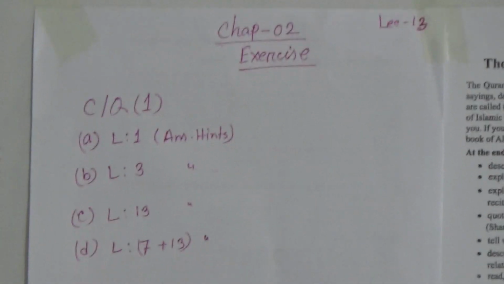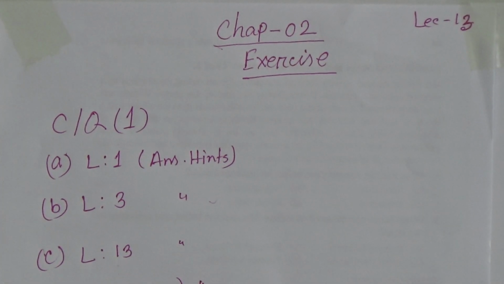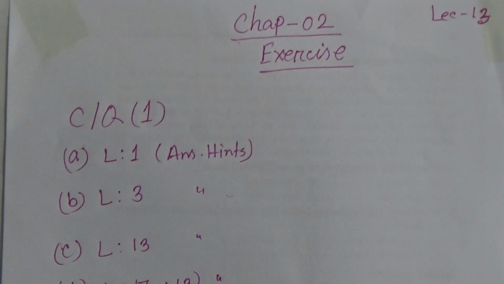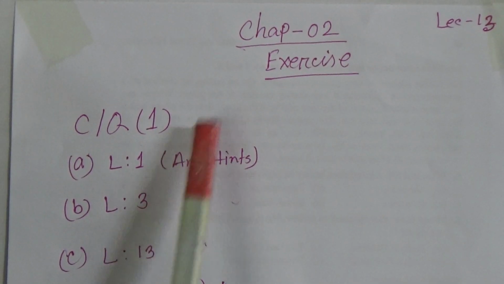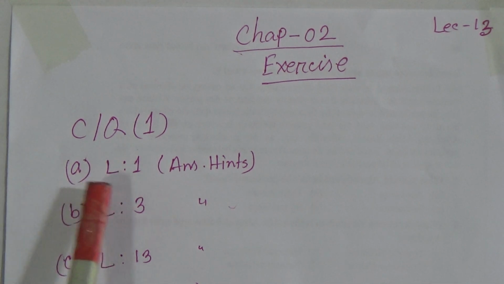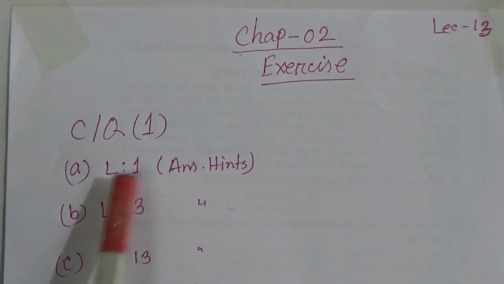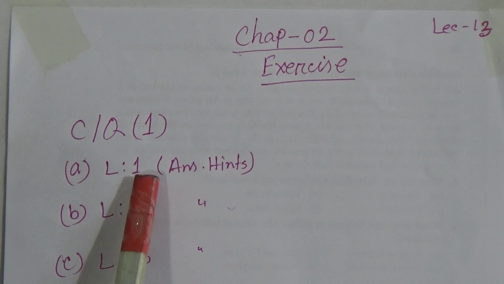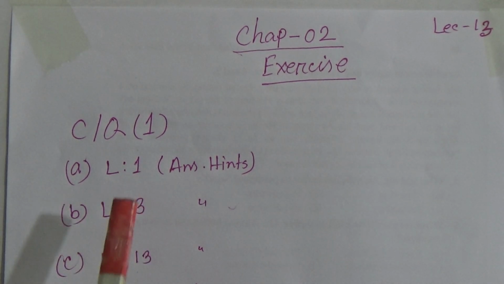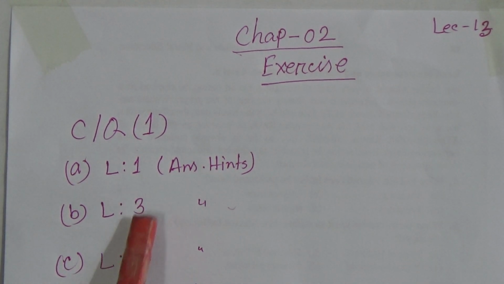In your book here are two CQ. For the first CQ I have given the answer hints here, so you have to write it yourself. CQ1, chapter 2. For A, you will get the answer in lesson 1. For B, you will get the answer hints in lesson 3.